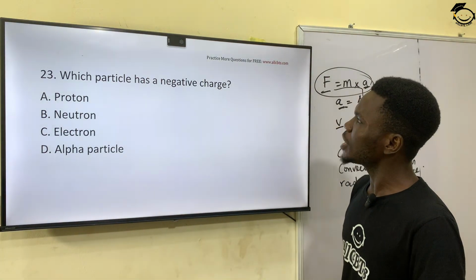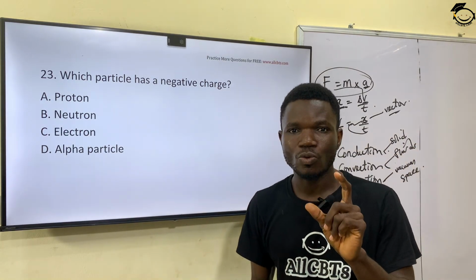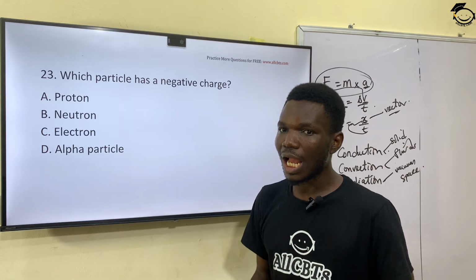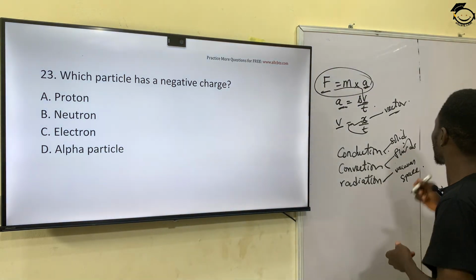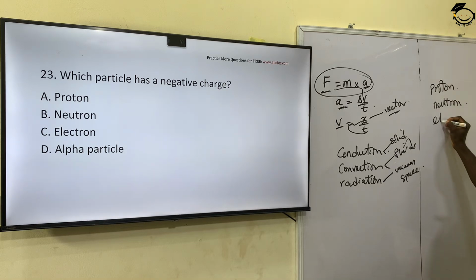It says, which particle has a negative charge? And we know that an atom contains protons, neutrons, and electrons. Both the protons and the neutrons are at the center of the atom.